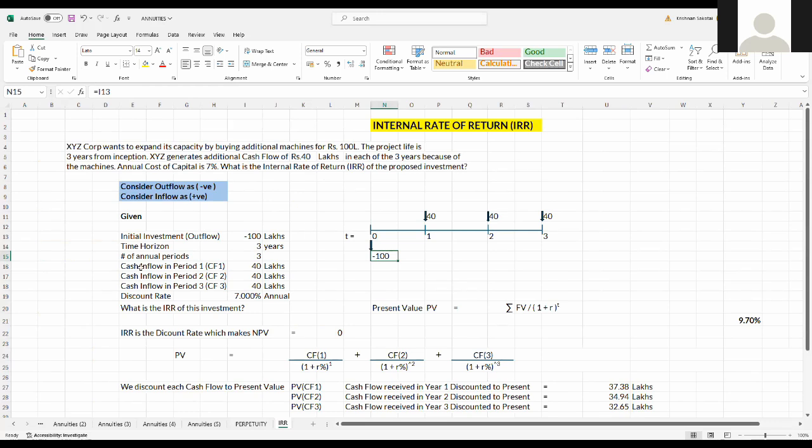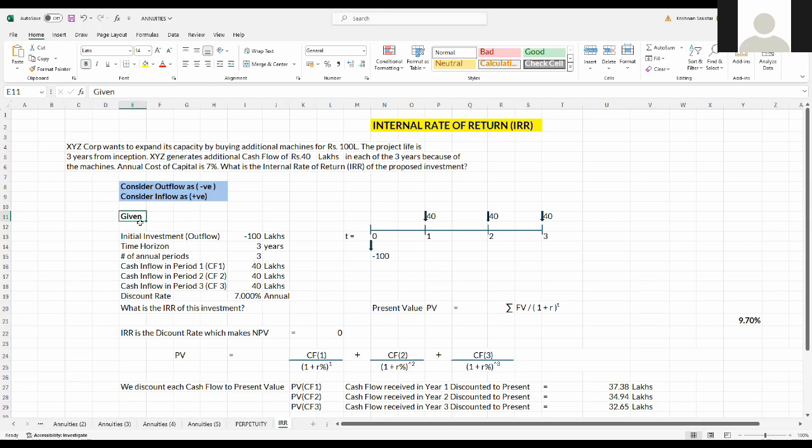It is similar to a discounted cash flow: you have the discount rate, and it is that discount rate which makes the NPV equal to zero. That is why it's also called the discounted cash flow rate.